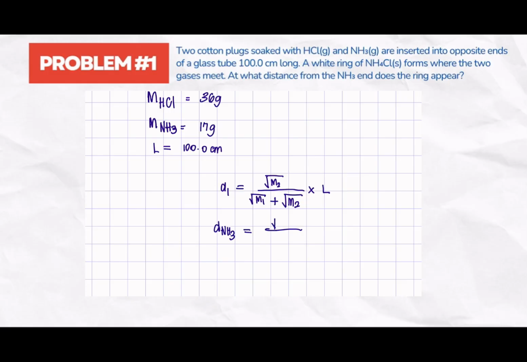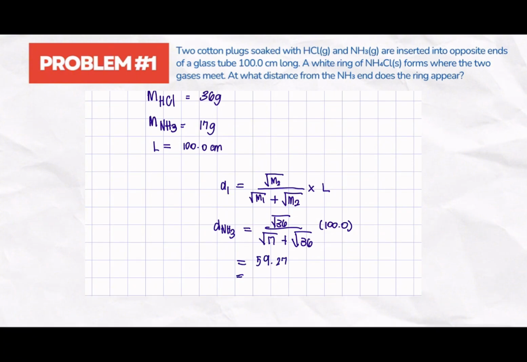Square root of 36 grams over the square root of 17 plus square root of 36, multiply all of it by 100.0 because of your length. And this will give you 59.27, or we can just say 59 centimeters. So it means that the white ring forms 59 centimeters from the NH3 end.